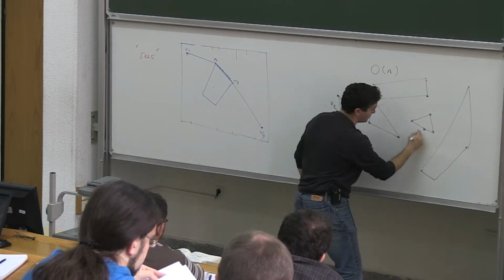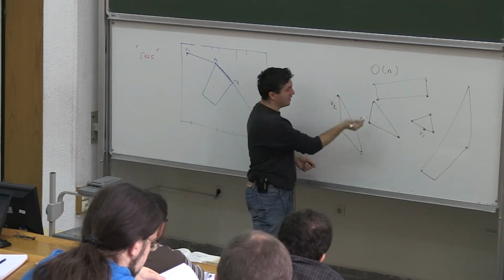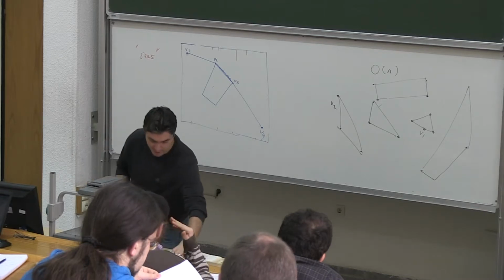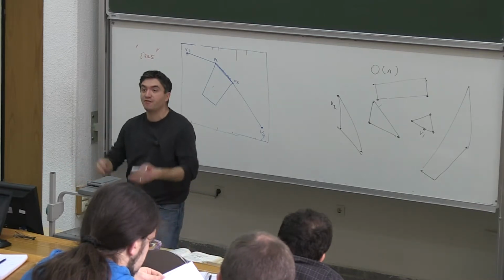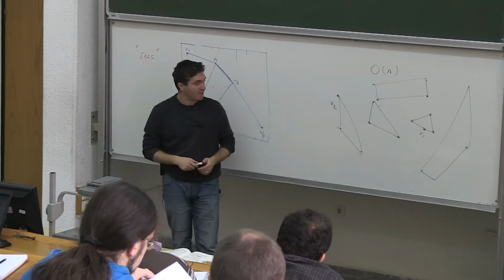Now, this is V1. Instead of asking whether V1 sees V2, imagine we want to compute the visibility graph. We need to find the visibilities between every pair of vertices.